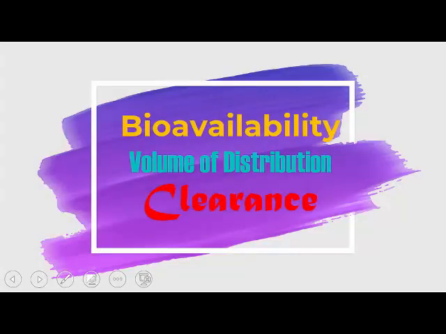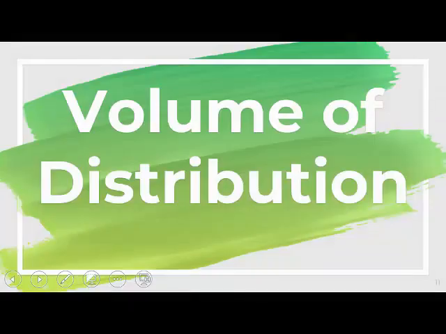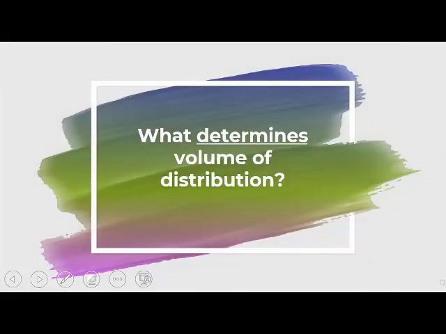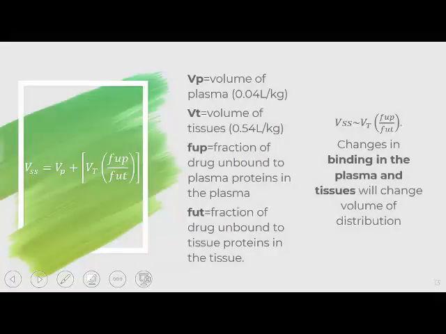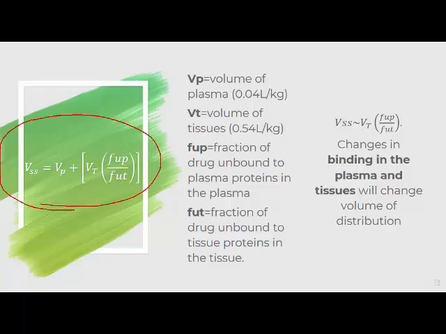Now we're going to talk about volume of distribution. What determines your volume of distribution? Well, the determinant of volume of distribution is this equation here. So we know we have volume of plasma, which is 0.4 liters per kilogram in a person.